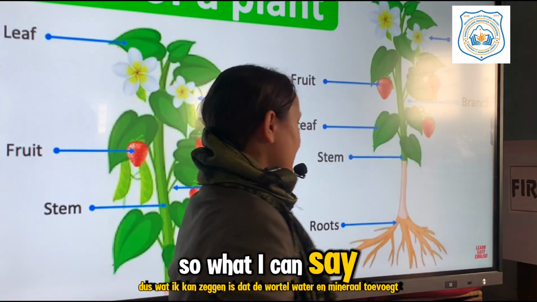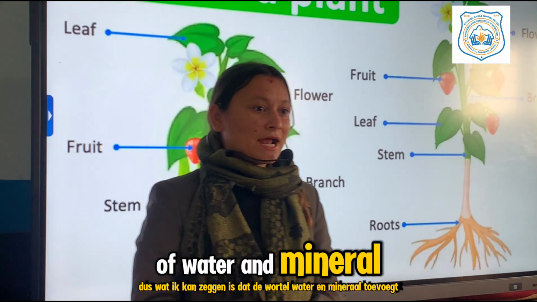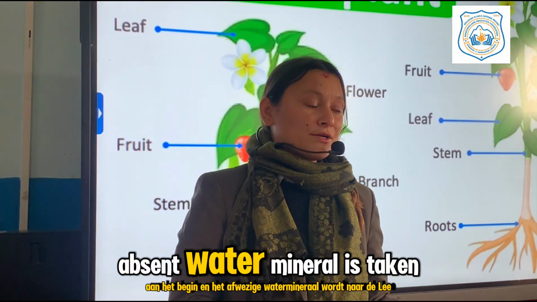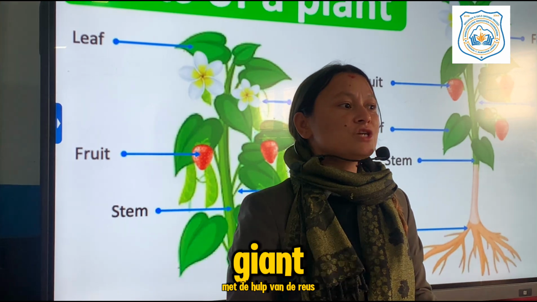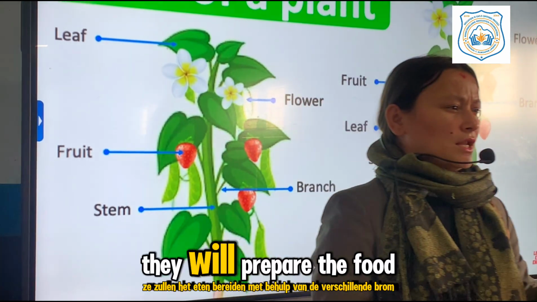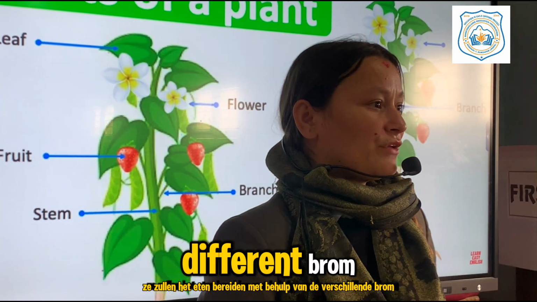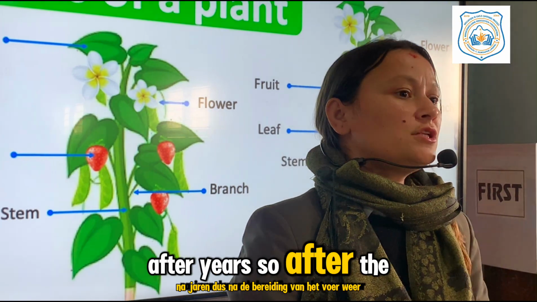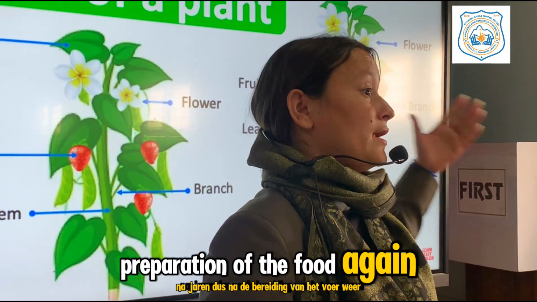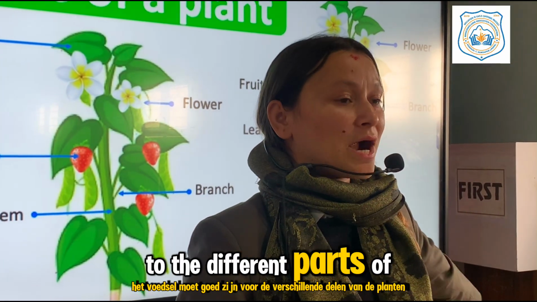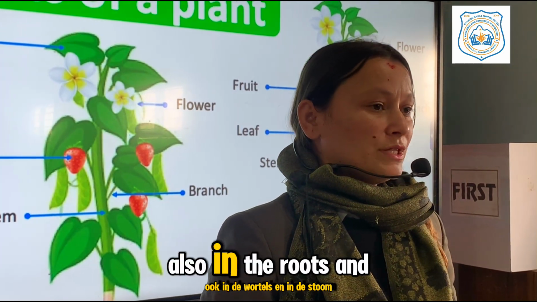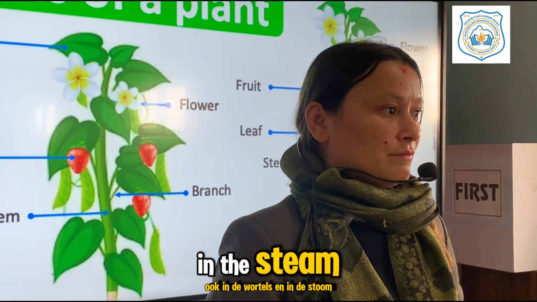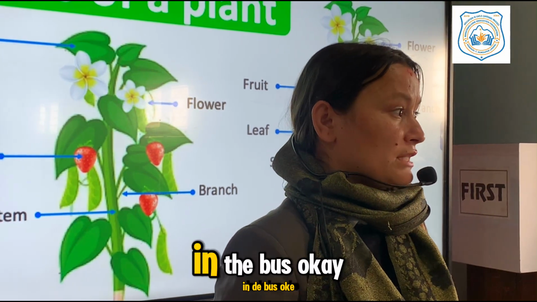So what we can say is that the root absorbs water and minerals at the beginning, and the absorbed water and minerals are taken to the leaf with the help of the xylem, and the leaf prepares the food with the help of the different raw materials. So after the preparation of the food, again the food should go to the different parts of the plants, like the roots, the stem, the branches, the fruits, the buds.